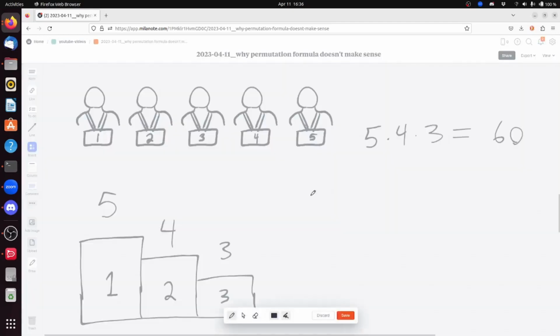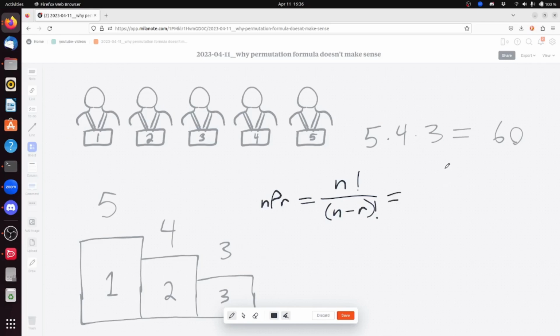Now, the way that we would calculate this with the permutation formula, so remember our permutation formula, if we have n possibilities and we're trying to fill r spots, then the formula for our permutations is n factorial divided by n minus r factorial. And if we listed this out, remember n is 5, that's the number of runners that we have, and r is 3, that's the number of spots we have, so first, second, third place.